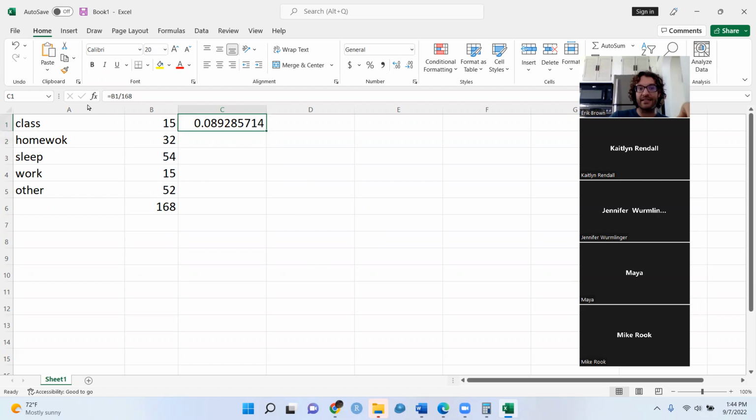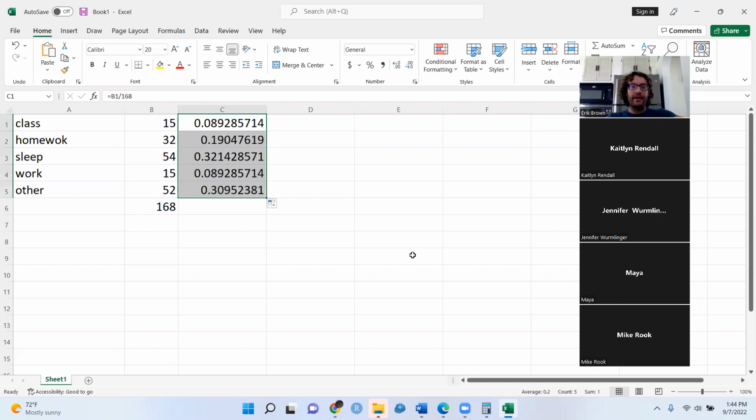Now, what's awesome about Excel is I want to do that for all of these. So I select that cell where the formula is, and then I put my cursor in the bottom right corner. It changes to that black plus sign, right? Click and drag. And it does that calculation for all the other rows at once. And then it also does the sum of all of them.